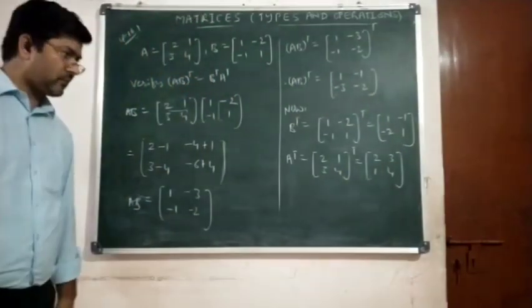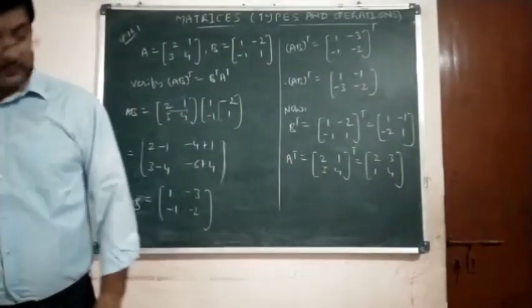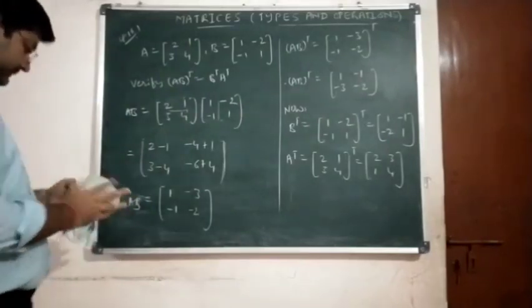Clear? Now we have to take the product B transpose into A transpose. So we will multiply over here.